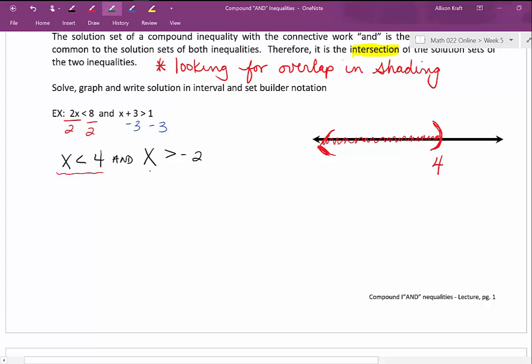Now we move on to x is strictly greater than -2. We find -2 on our number line. X is greater than -2. The greater numbers are to the right, so we're going to shade to the right.